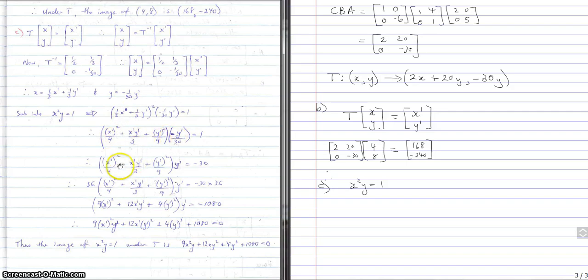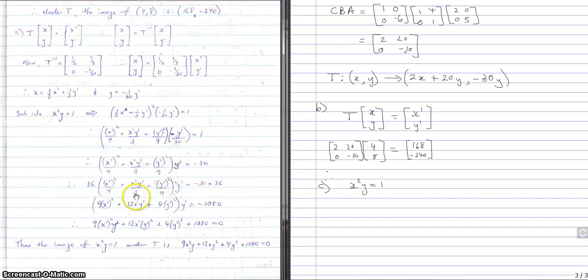Upon expansion, just take each step. First of all, when we expand that, we get this result. And then the next step is we've multiplied by negative 30, which is why the 1 becomes negative 30. This is still unchanged in here.